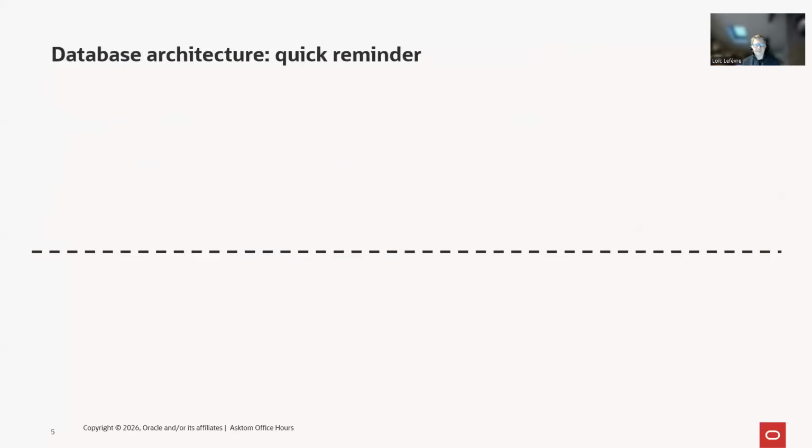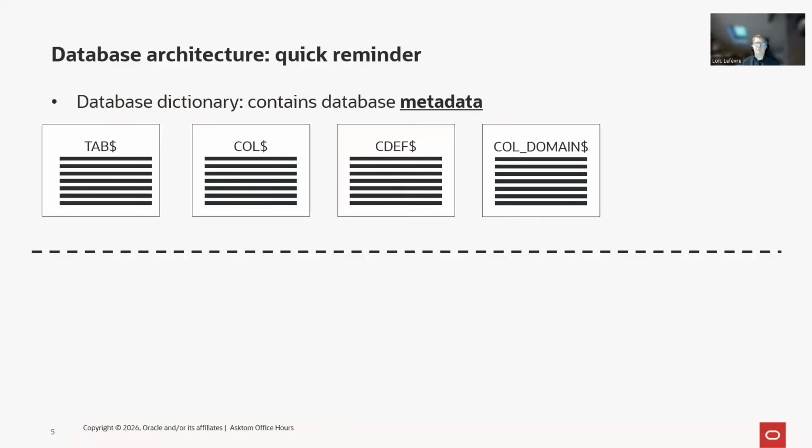So let's start with the basics, and what I'd like to have is this mental image in your mind. A database, if you look at it from a very high level, is two things. First, you have the database dictionary.